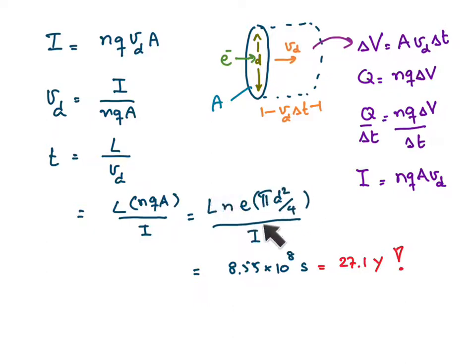So we have the expression of the time that the electron travels along the wire with the length L.